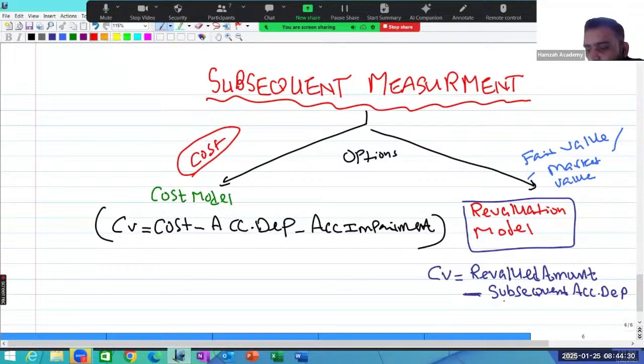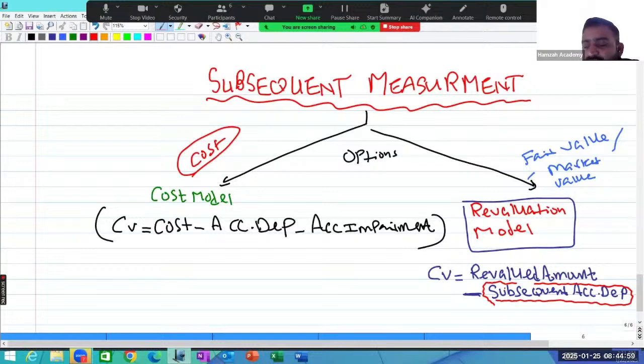Subsequent accumulated depreciation means the accumulated depreciation which we have after adopting the revaluation model. It does not include the accumulated depreciation before we revalued the asset. So the previous depreciation, before the revaluation, we do not consider in a revaluation model.